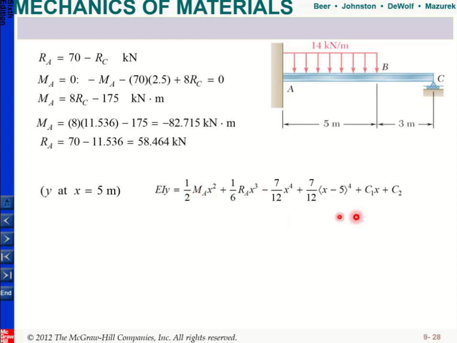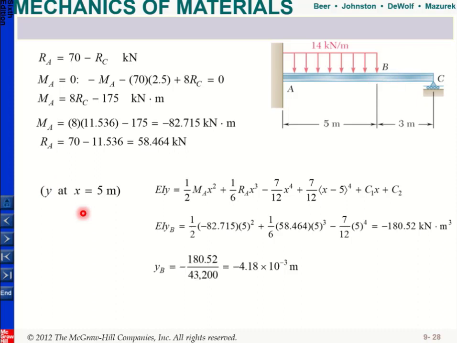We find our MA, and C1 and C2 are equal to 0. We also figured out our RA. So all I need to do is at x is equal to 5, I need to find my y. You just plug the numbers there, and you get that your YB is given by this equation. So it should be downward by 4.18 millimeters.